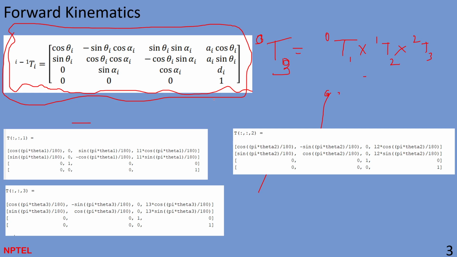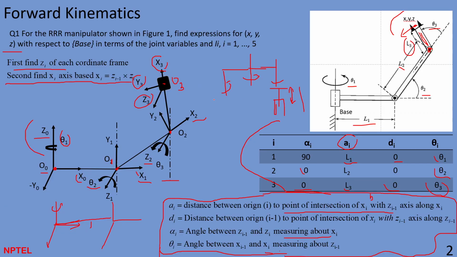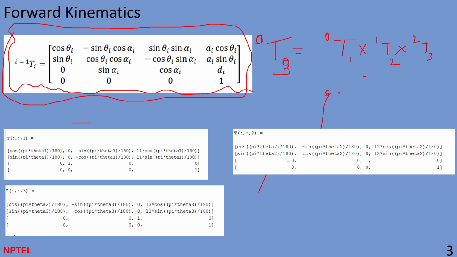Since we want to calculate the position of the end effector, each set of parameters will give, for the first link, T01, the transformation of coordinate frame 1 with respect to the base frame.